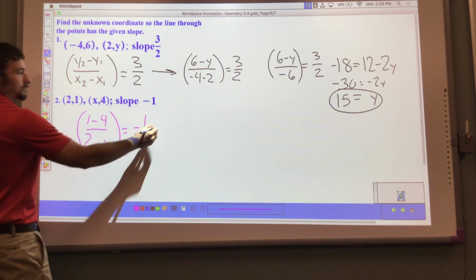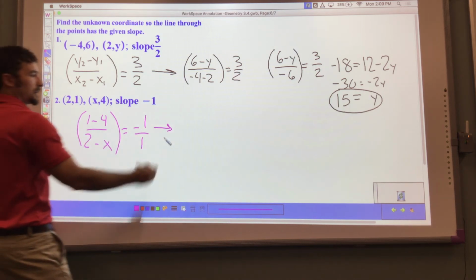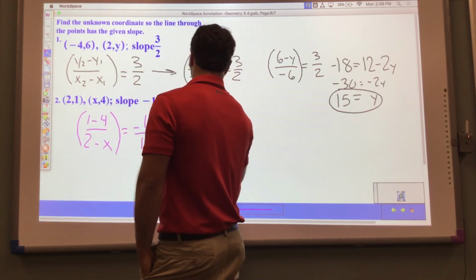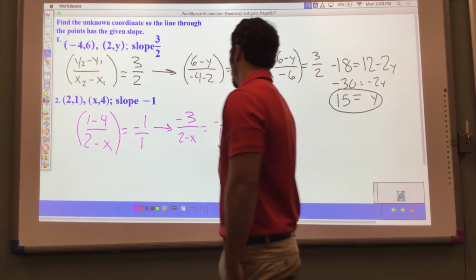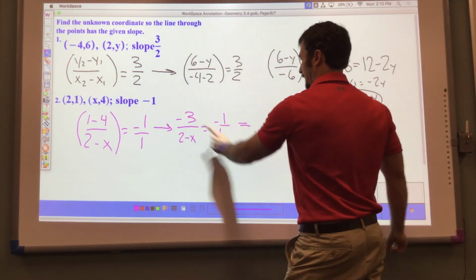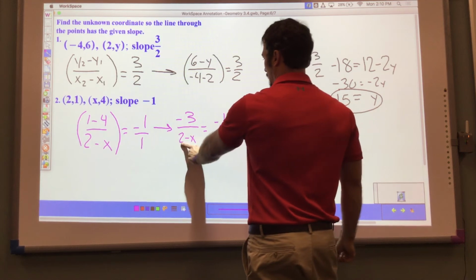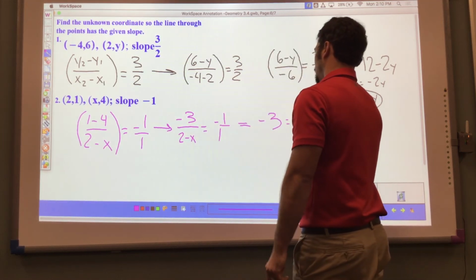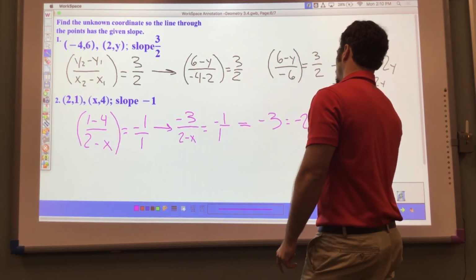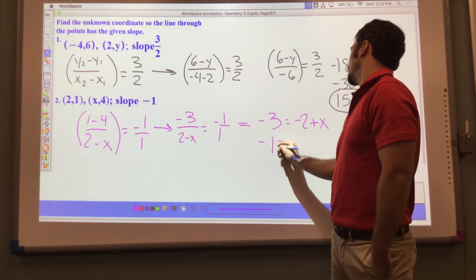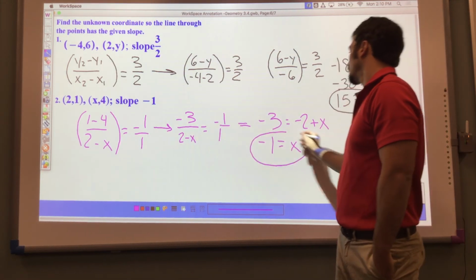By simplifying, I get negative 3 over 2 minus x equals negative 1 over 1. Cross multiply: negative 3 times 1 is negative 3. Negative 1 times 2 minus x is negative 2 plus x when I switch the signs. Add 2, and negative 1 equals x.